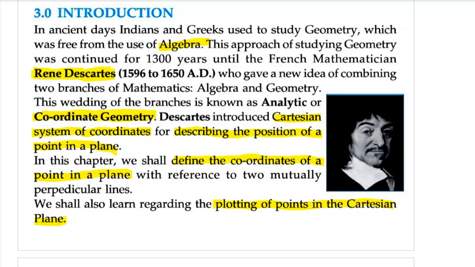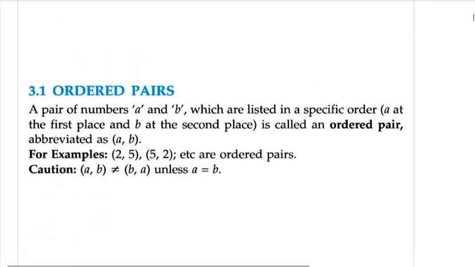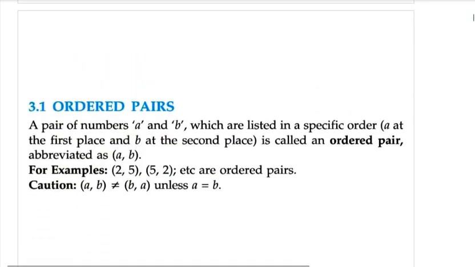So I'm sure that you have an idea about what we are going to do over here. Let's start. Okay, first understand the first topic, which is ordered pair. What is an ordered pair? A pair of numbers a and b which are listed in a specific order, a at the first place and b at the second place, is known as an ordered pair.